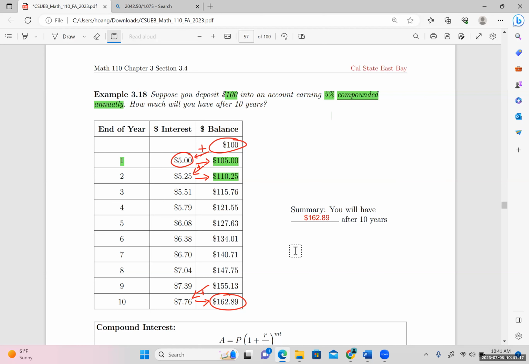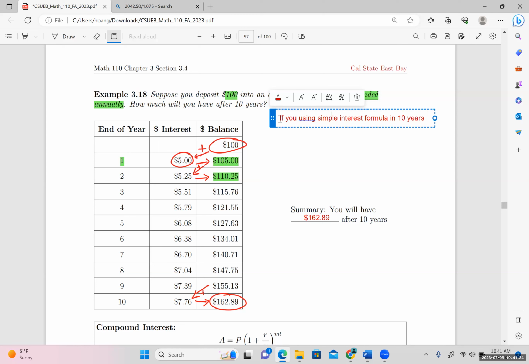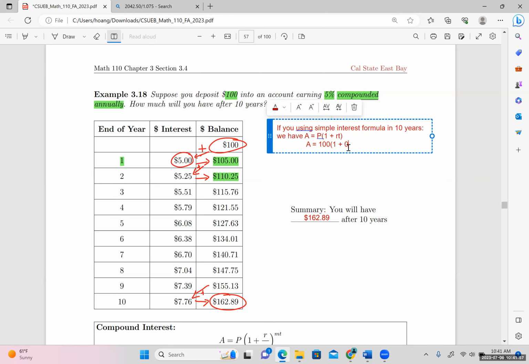If you compare, using the simple interest formula for 10 years, we have A equals P times (1 plus R times T). A equals $100 times (1 plus 0.05 times 10 years), since 5% is 0.05.